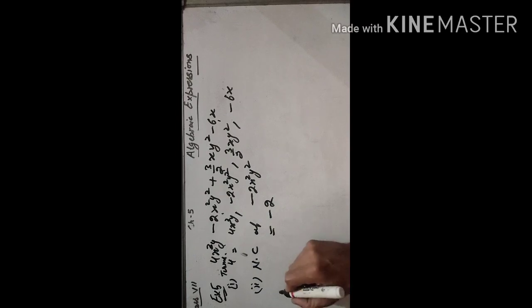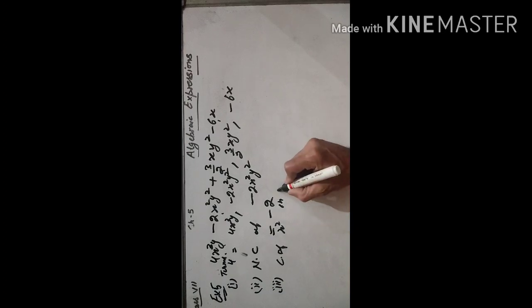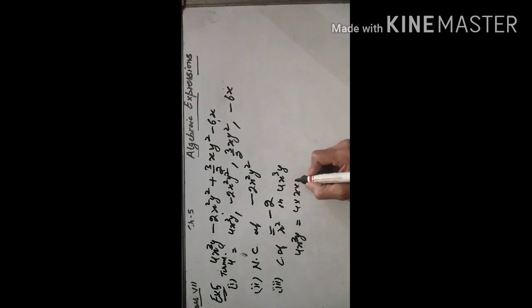The third part is, what is the coefficient of x square in 4x cube y? 4x cube y means 4 into x into x into x into y.